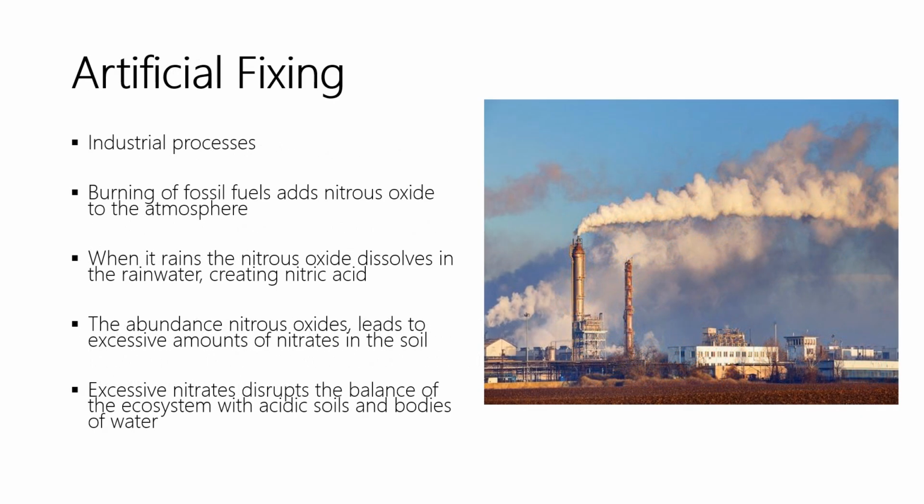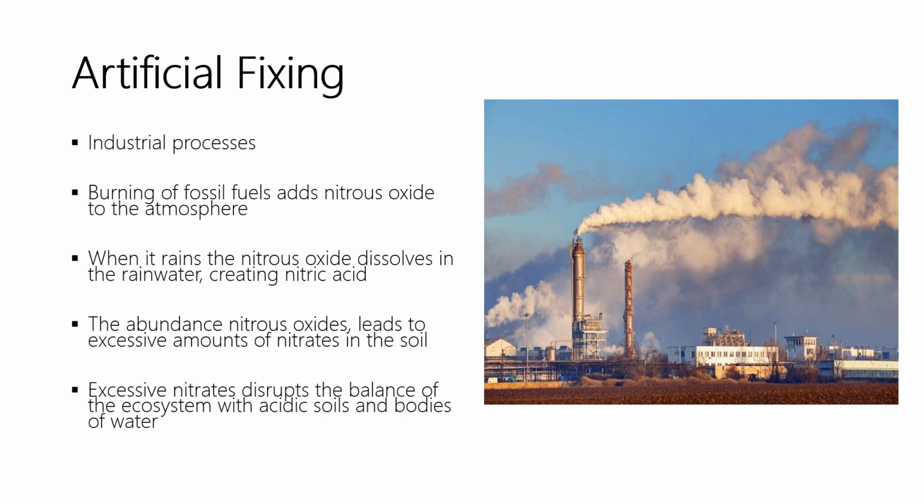Then from those processes come the artificial fixing, the industrial processes, where there is burning of fossil fuels, which adds nitrous oxide into the atmosphere in excessive amounts. And when it rains, the nitrous oxide is dissolved in the rainwater, creating nitric acid.